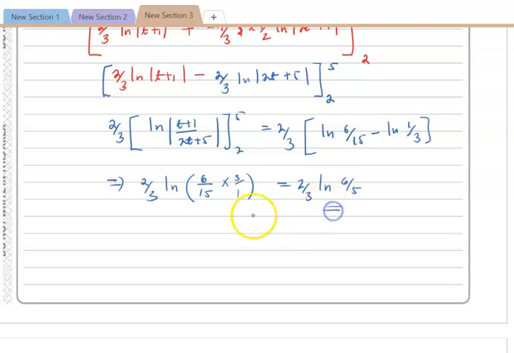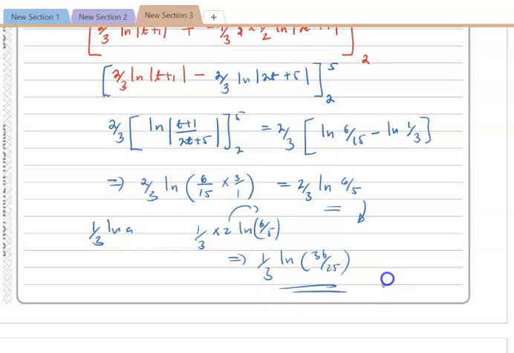But the answer should be 1 over 3 of natural log of a. That means you need to see that this is the same as having 1 over 3 times 2 natural log of 6 over 5. Then the 2 comes back inside, so your final answer will be 1 over 3 natural log of 36 over 25. That will be your final answer.